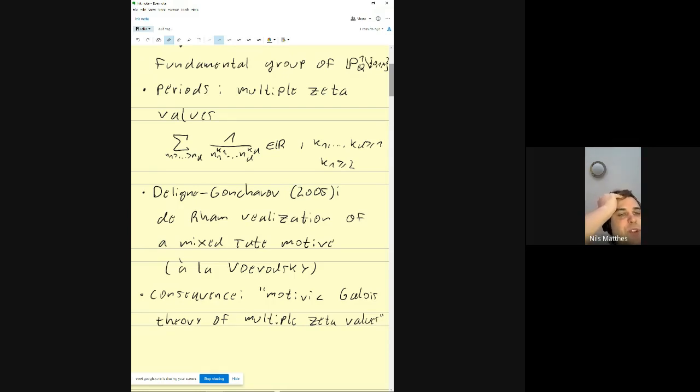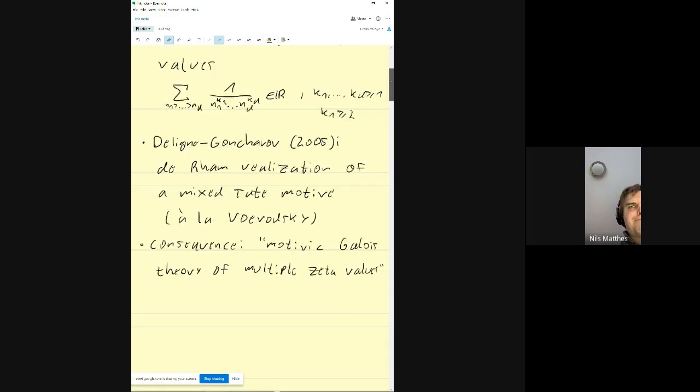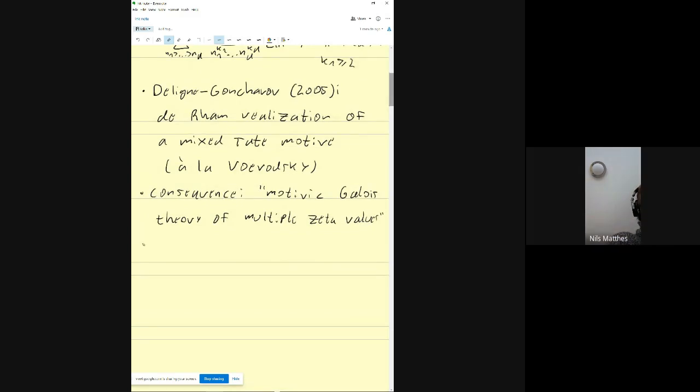But you can think about it that you get a group action on multiple zeta values in a way that preserves all the algebraic relations. And like classical Galois theory is very, very useful in the study of algebraic numbers, so is the action of this motivic Galois group for multiple zeta values. And very importantly, Francis Brown, in 2012, studied this motivic Galois action in great detail.